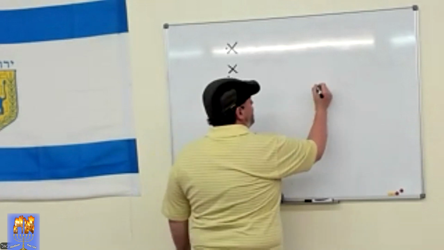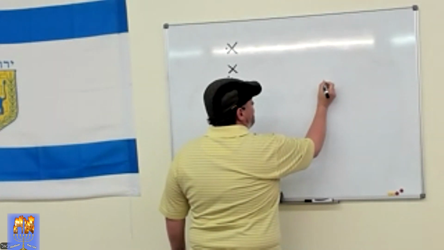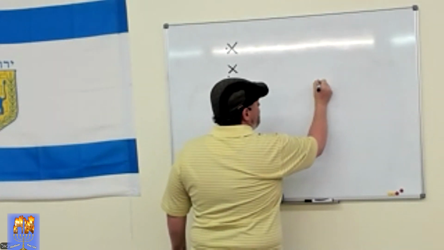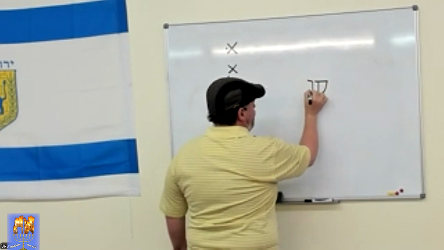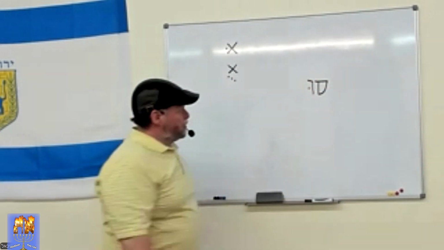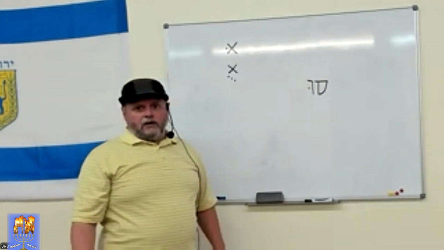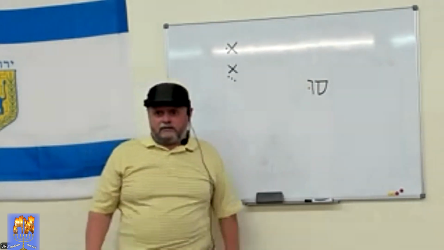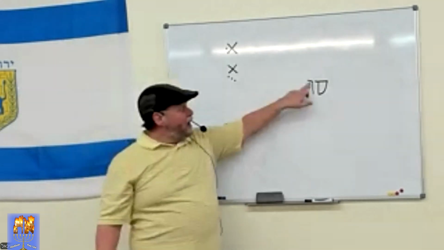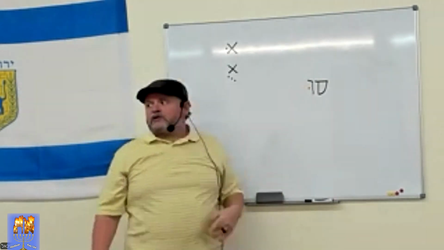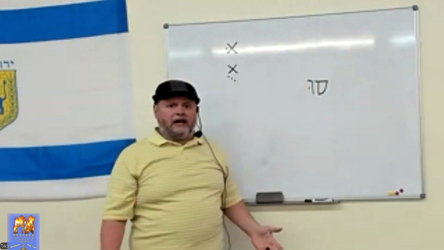Let's do samek and a vav pointed shuruk. Samek makes an S sound, always an S sound. And then we have a vav pointed shuruk. So since it's pointed shuruk, what sound's it going to make?